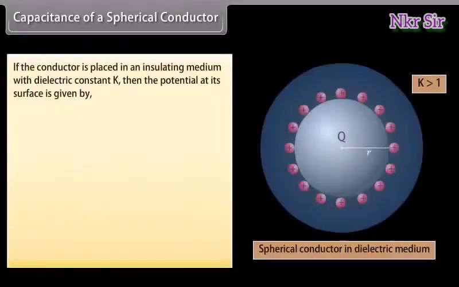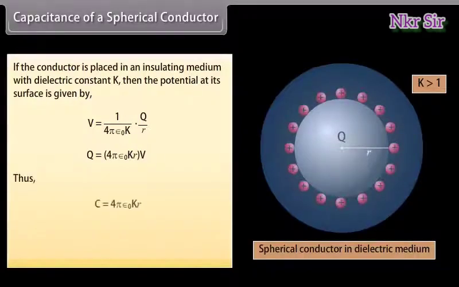If the conductor is placed in an insulating medium with dielectric constant K, then the potential at its surface is given by V is equal to 1 upon 4 pi epsilon not K multiplied by Q upon R. It can also be written as Q is equal to the product of 4 pi epsilon not K, R and V. Thus, C is equal to 4 pi epsilon not KR.